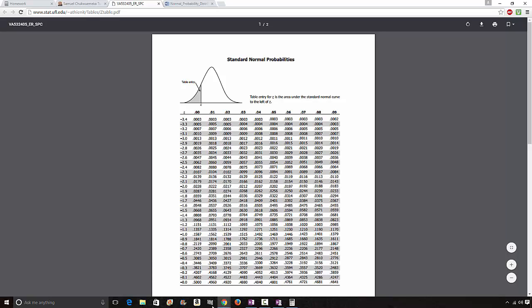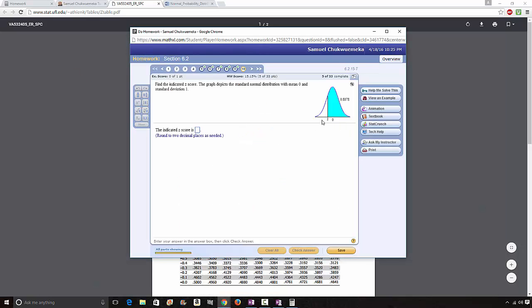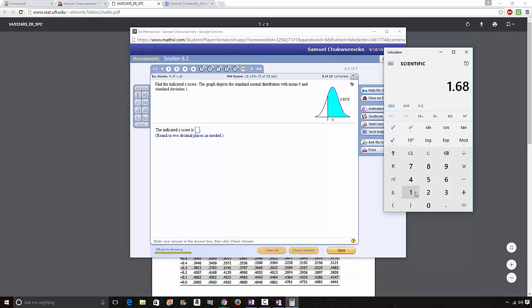So what we could do to find the z-score for this right area is, because the table has area to the left, let's subtract this from 1 and then look up the left, and that will be the z-score. Okay, so we go ahead and subtract this area from 1.